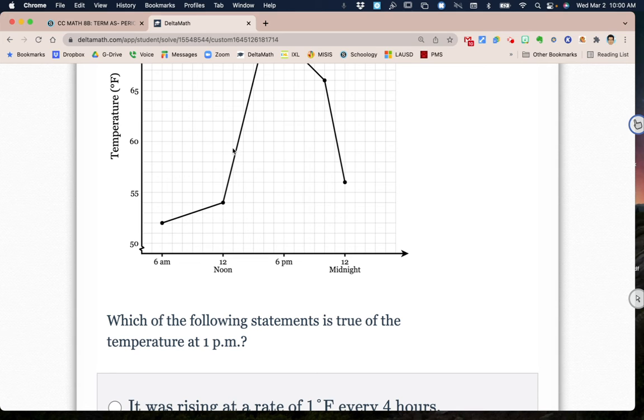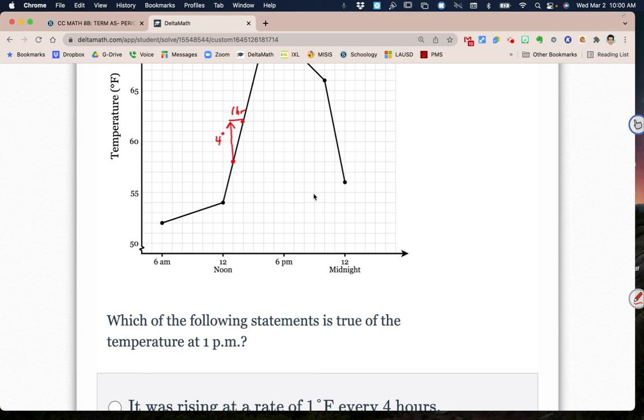So it went up 1, 2, 3, 4. It went up 4 degrees in 1 hour. Check my math. I'm going from here to here. I'm just figuring out the slope. I want to go from here to here because those are 2 points where the graph crosses perfectly. 4 degrees in 1 hour.